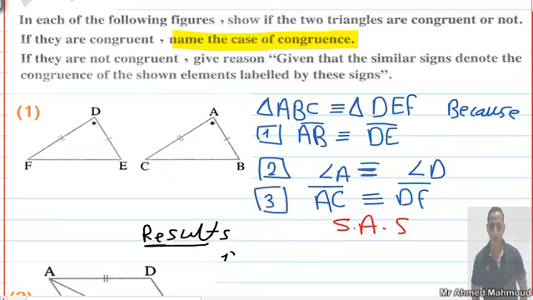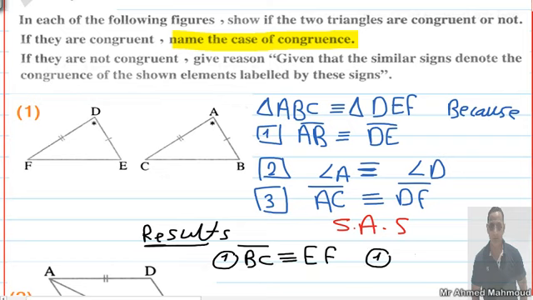Number one, we are going to see that BC is congruent to EF. This is result number one.